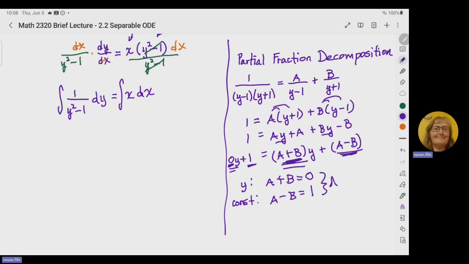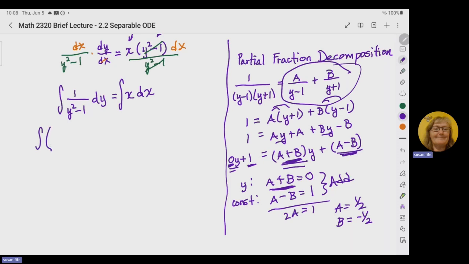I'm going to solve these by adding, because I see that when I add, the b terms cancel out. It'll give me 2a equals 1, divide by 2, and we get a equals 1/2. And then because a plus b is 0, I know that b has to be negative 1/2. So a is 1/2, b is negative 1/2. I'm going to substitute those in for a and b and rewrite my integral on the left side of the page as, let's see, a is 1/2.